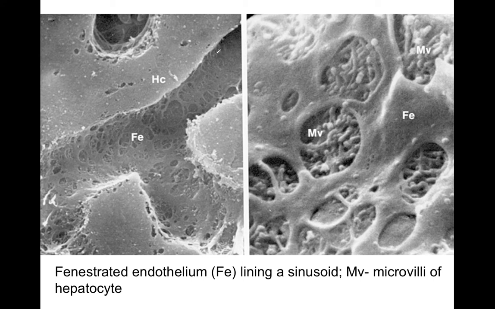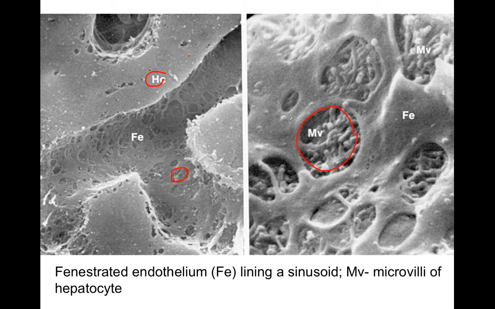Between the hepatocyte plates, we have the sinusoid. As we can see here, this is fenestrated. This is a large space, and we can see here the microvilli of the hepatocyte.